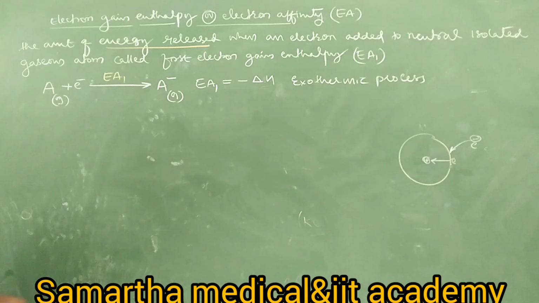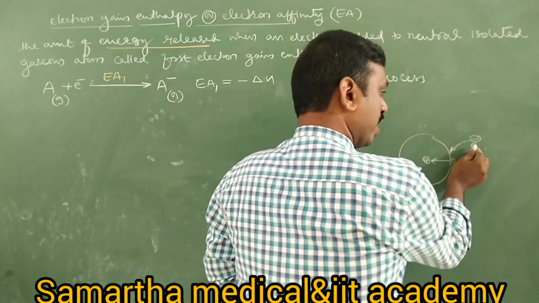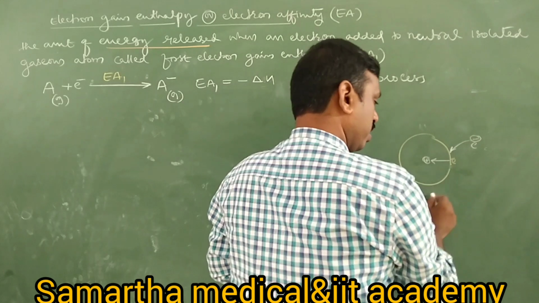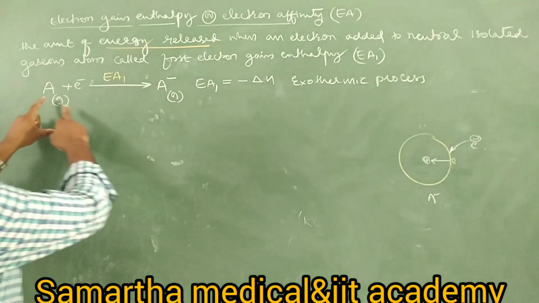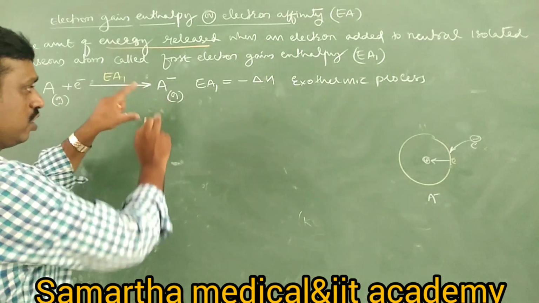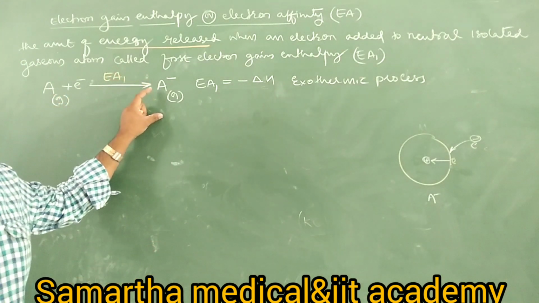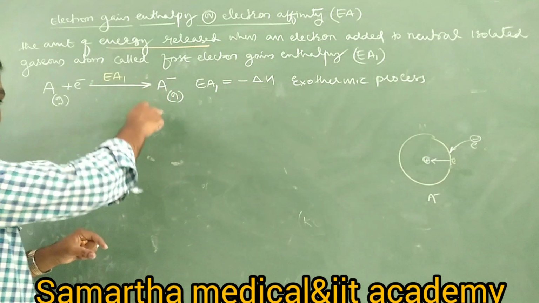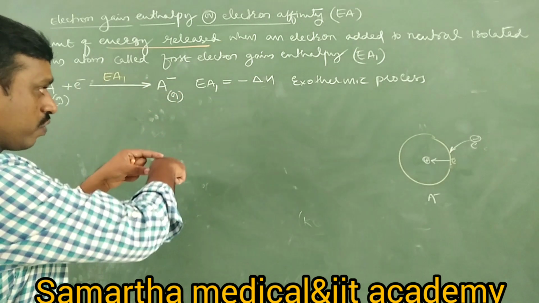The question is, why is energy absorbed? When you add one electron to the neutral atom, it becomes A minus. What does A minus indicate? It has one electron in excess.